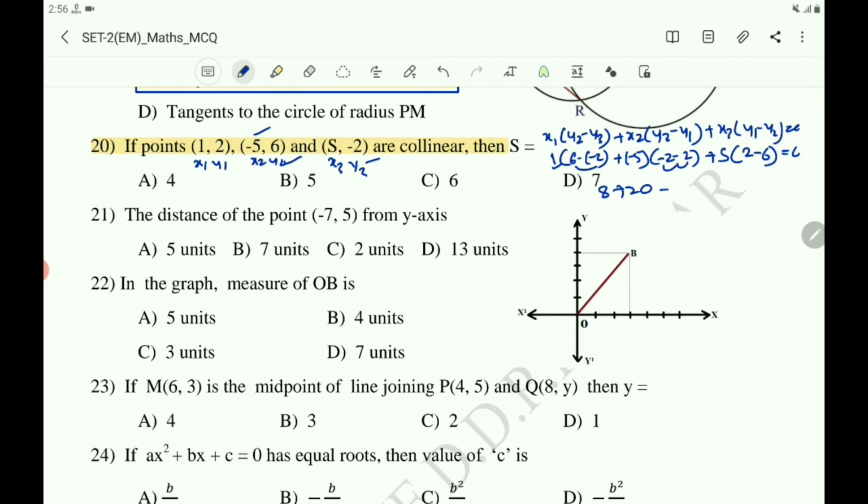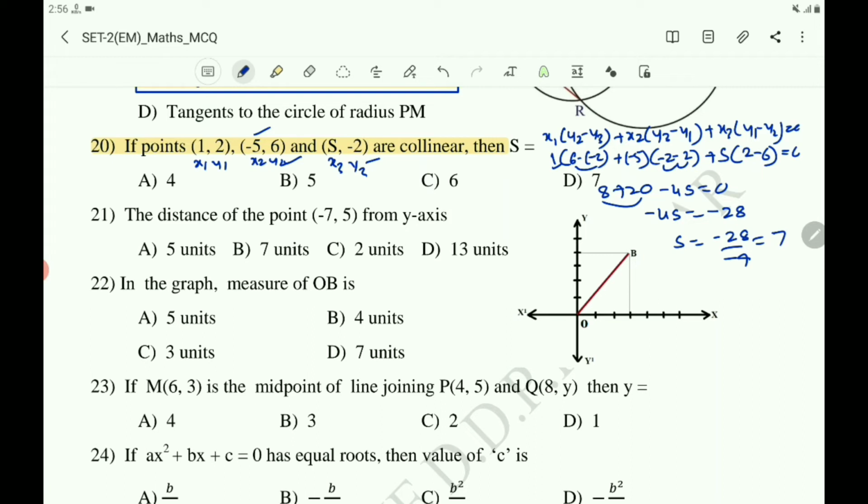Minus 4 into S is minus 4S equals 0. Then minus 4S equals 20 plus 8 is 28. You shift here, it becomes minus 28. Then S equals minus 28 by minus 7, which is equal to 7.